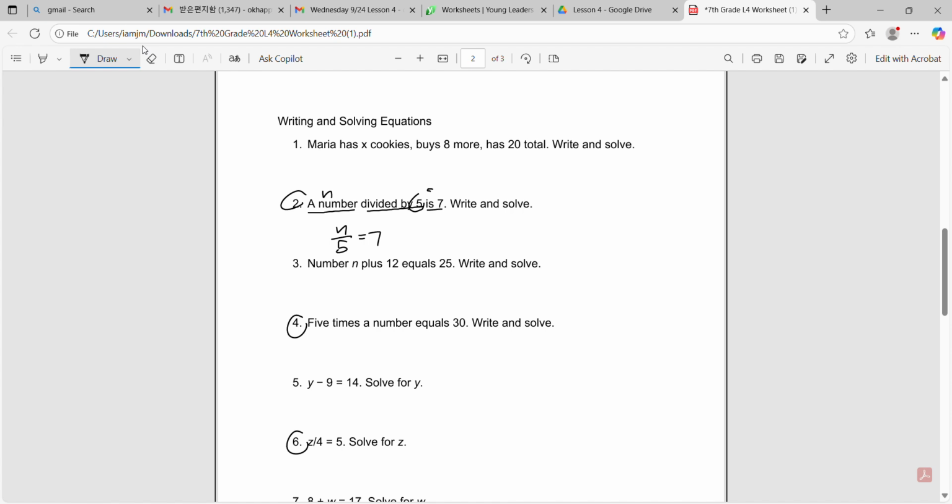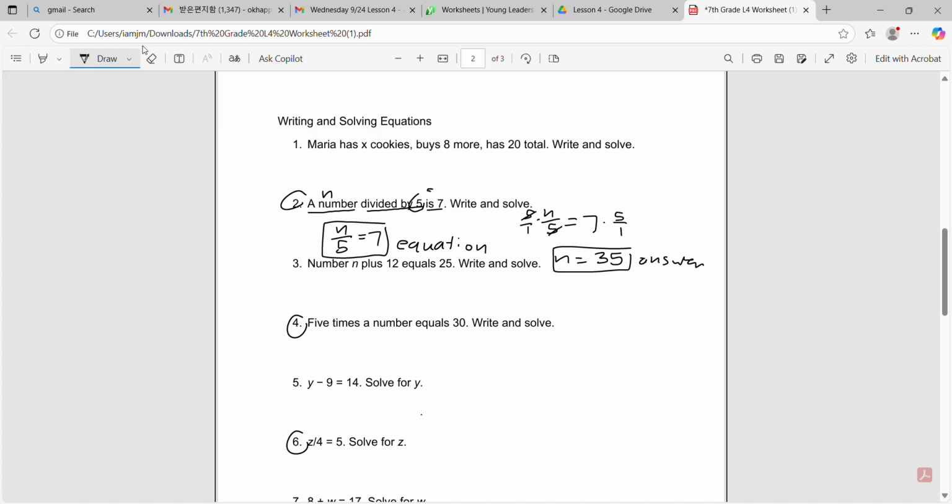This way it's much easier to solve. Just like before, multiply by 5, multiply by 5, cross these out, n equals 35. There you go, we got our answer and we got our equation.